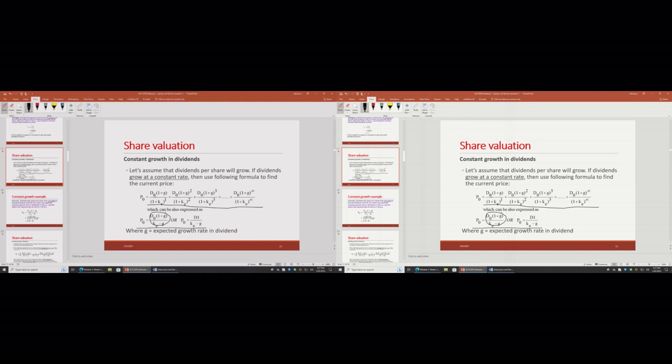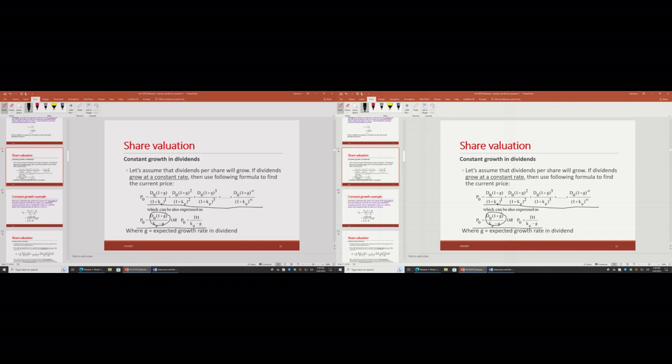First of all, D0. If you want to implement this model, where can we get that information? Do we have access to it? D0 is the dividend paid in the last period, and this information is available to all investors.